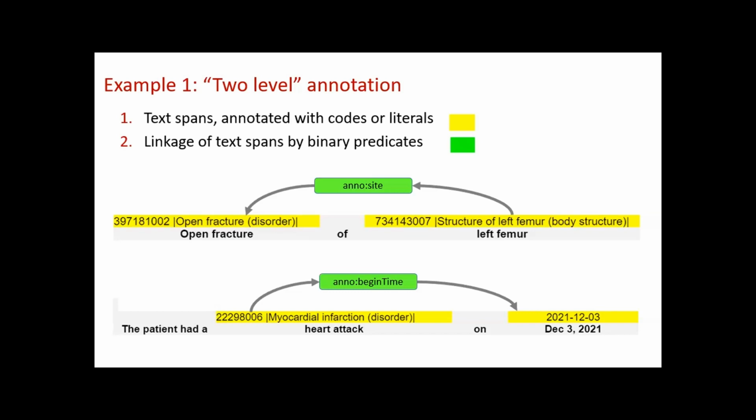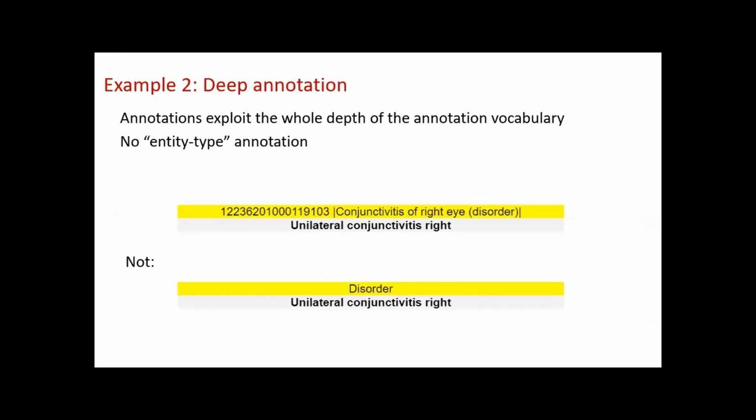Then what I already called deep annotation, so that you really should, if you find a corresponding concept for unilateral conjunctivitis, right, you should use this and not something more higher level. There are or have been in the past annotation challenges also where it was just something like that.